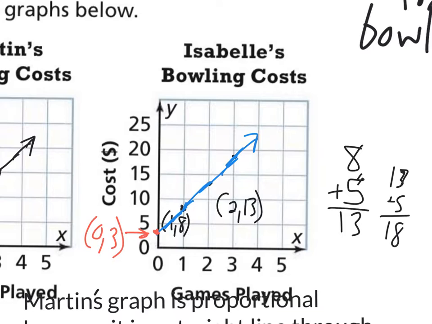Well, that's the cost of the bowling shoes. So I guess, you know, I don't recommend it, but you could rent bowling shoes for $3 and then just sit there and watch people bowl. Probably not much fun that way. But anyway, that gives us that as a starting point, and that's why that would not be proportional for Isabel's graph.